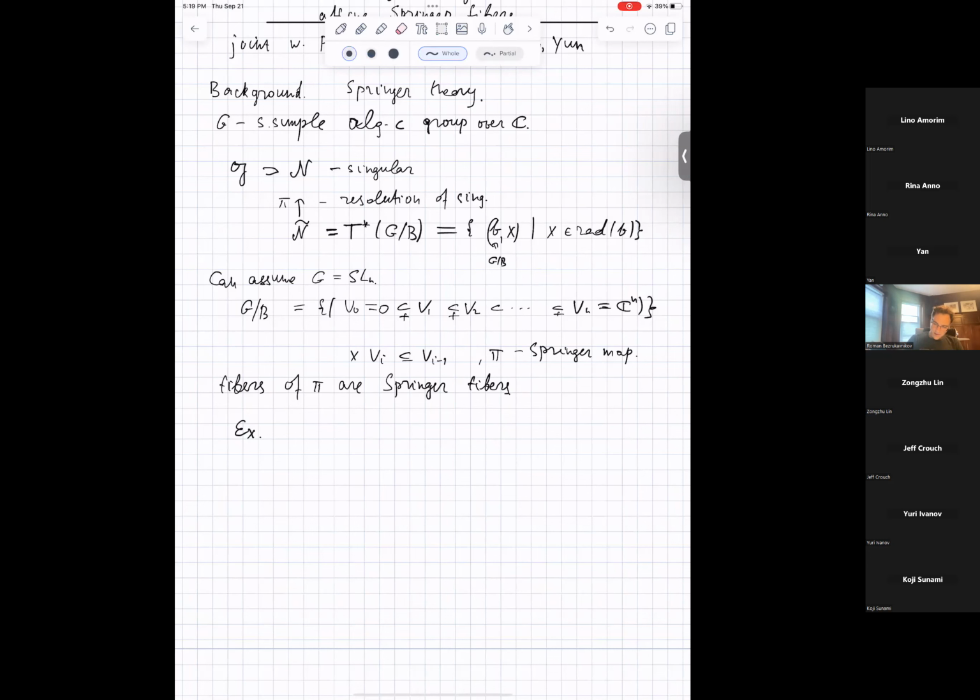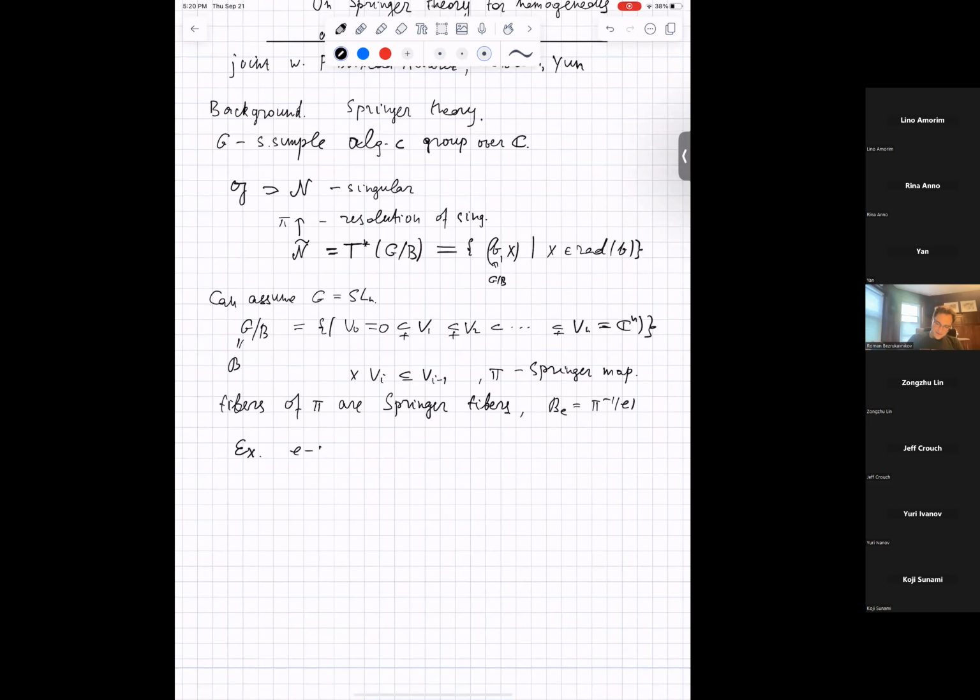I typically write B_E to be the pi inverse of E. So if E is regular nilpotent, so one Jordan block, then, as everybody can do as an exercise, it is just a point. And if it's 0, it's of course G mod B.